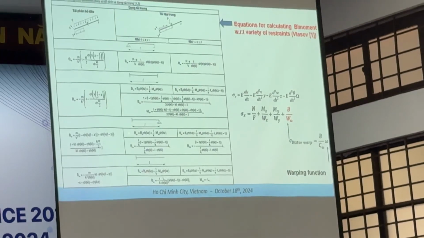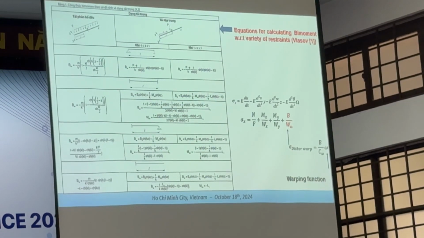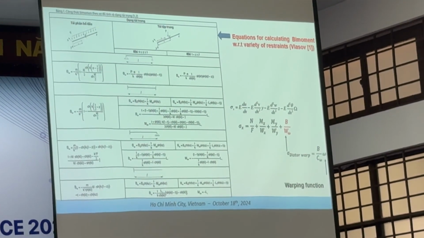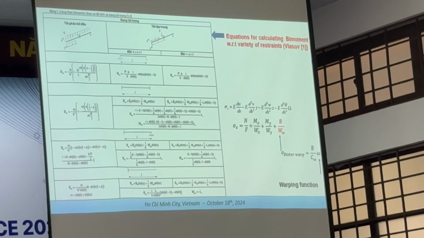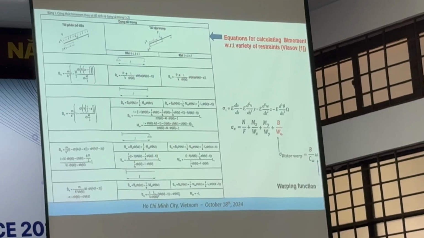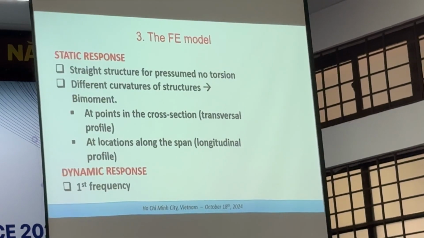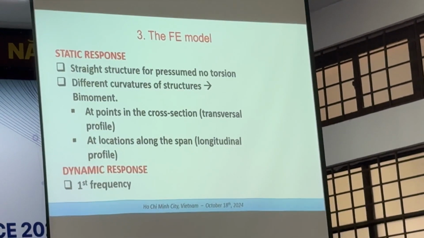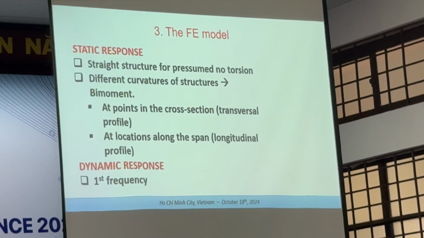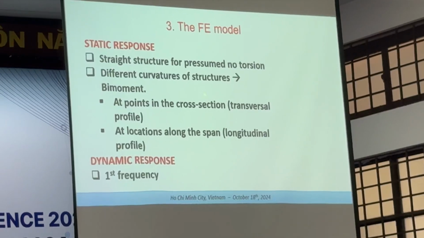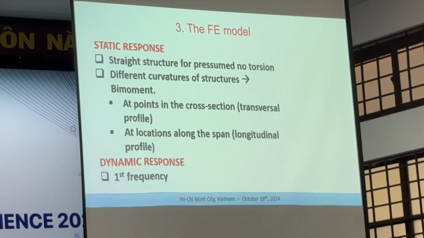We can find many previous studies about equations for determining the bimoment along the longitudinal coordinate. But we can't see it easily or visualize this bimoment and its effect. So we try to use the finite element model.